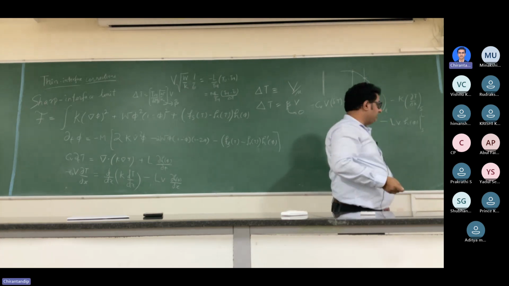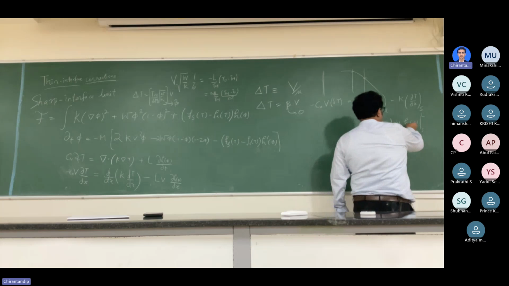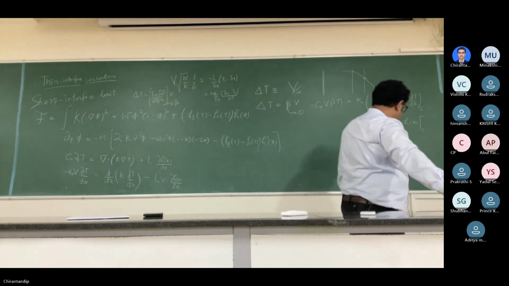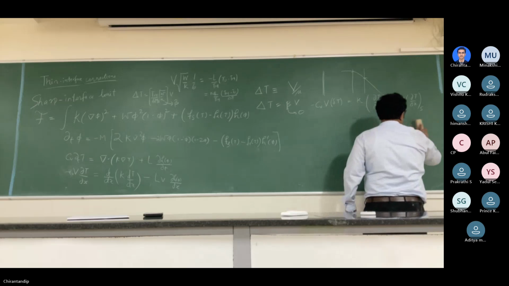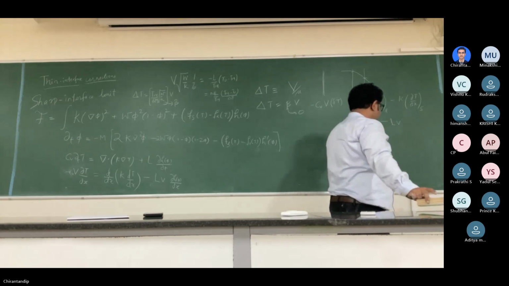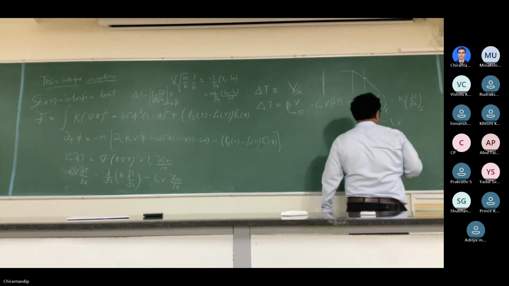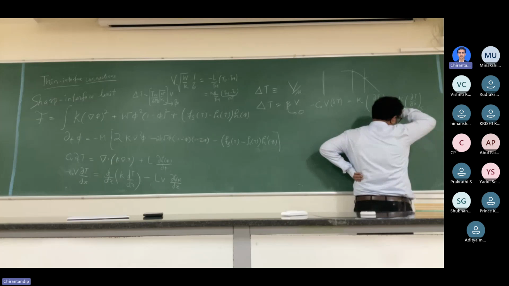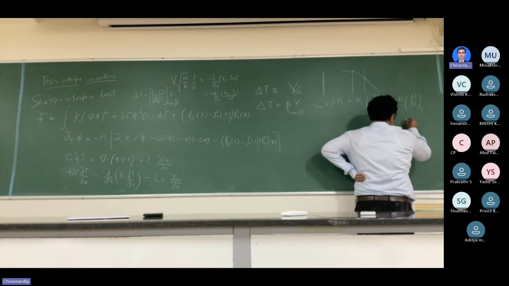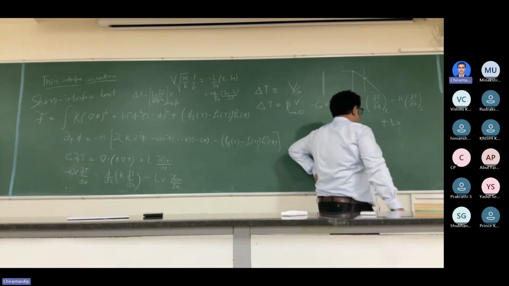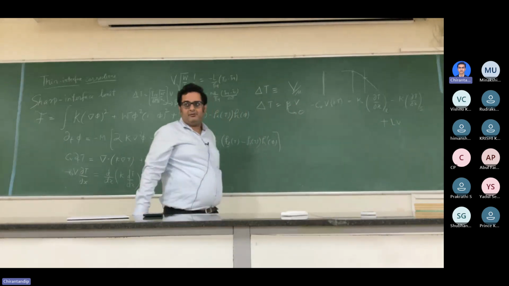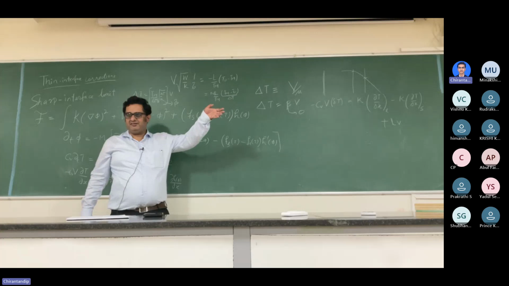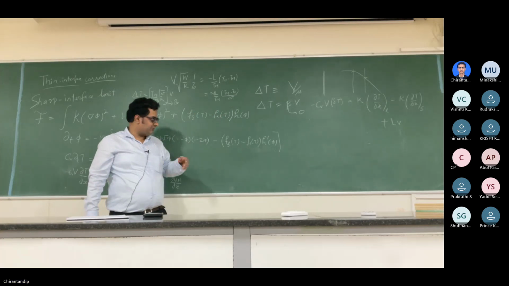On the liquid side it is 0, so you have 1 minus h of T. On the liquid side 0, so this is minus h of T, or minus L. So plus L. On the right hand side it's 0, left hand side is minus.